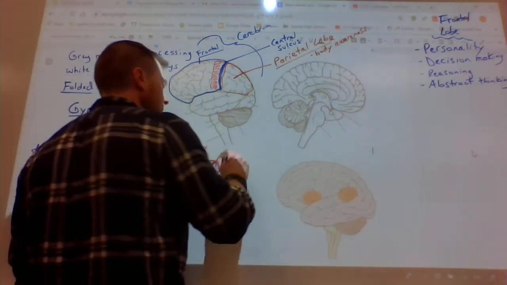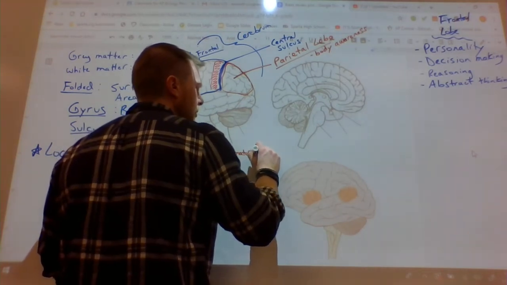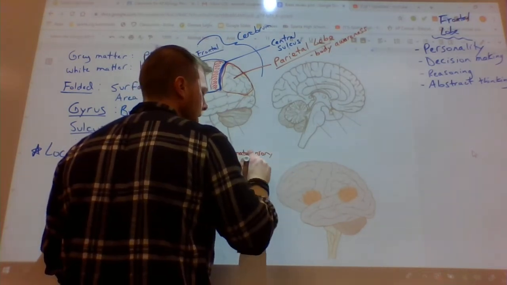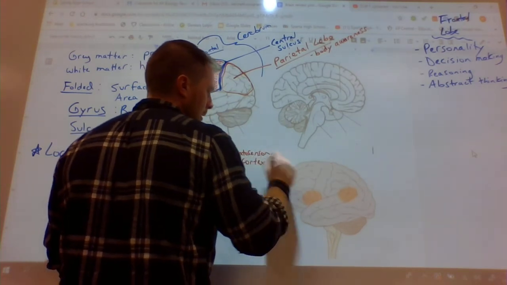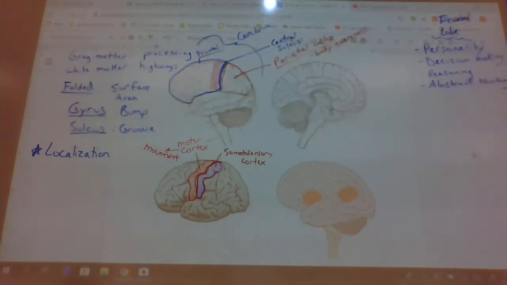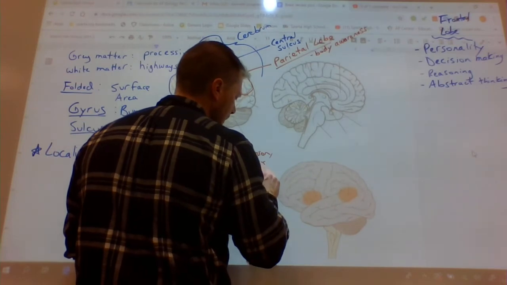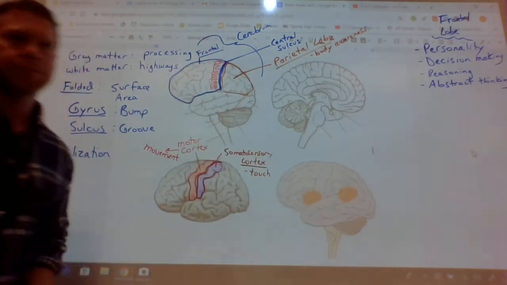And we call this the somatosensory cortex. Or, if you would like, you could just call it the sensory cortex. And this is where your sense of what comes into play? Touch. Good, touch. Right? So your sensory cortex is what gives you a sense of touch. Right?